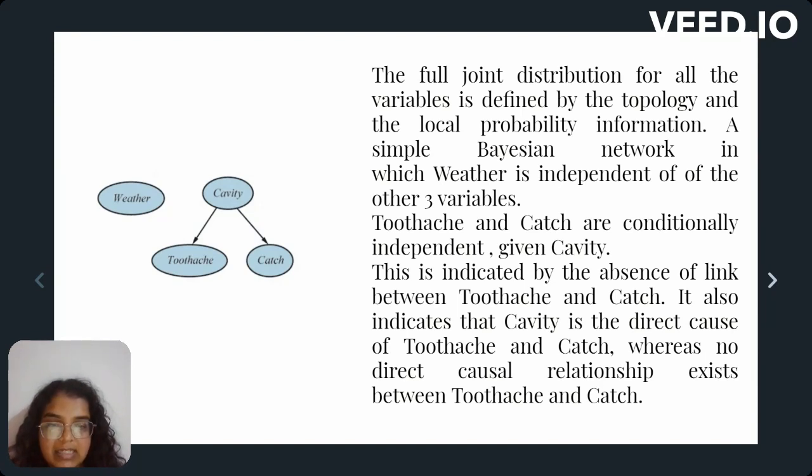This is indicated by the absence of a link between toothache and catch. It also indicates that cavity is the direct cause of toothache and catch, whereas no direct causal relationship exists between toothache and catch.